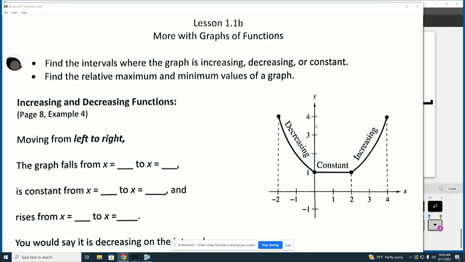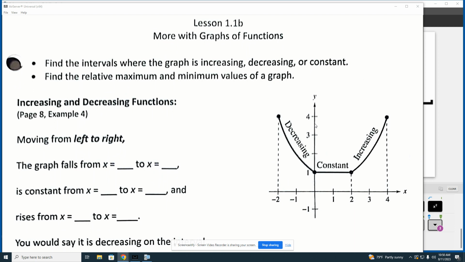I'm looking at that from the perspective of from left to right. So right off the bat, as I move from left to right, what is my graph doing? It's going down, isn't it? As we move from left to right, it immediately is going down. And going down means it's decreasing.